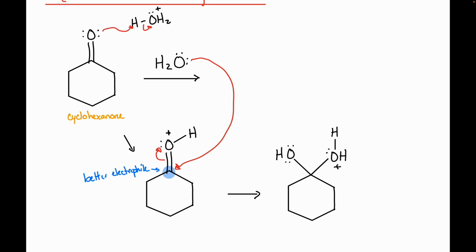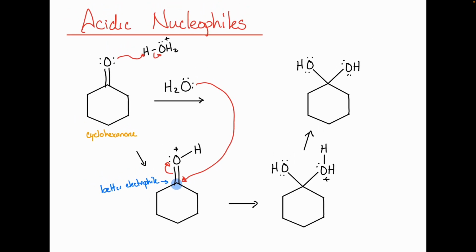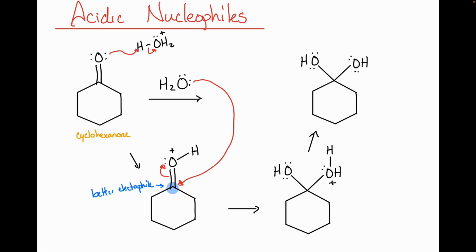All right, at the end of the day, we're again going to create that same product that we did using hydroxide. We're again going to get a gem diol. But we need one more step to do it. Everybody, based on what we've discussed about these acidic conditions mechanisms here, see if you can't finish this off.